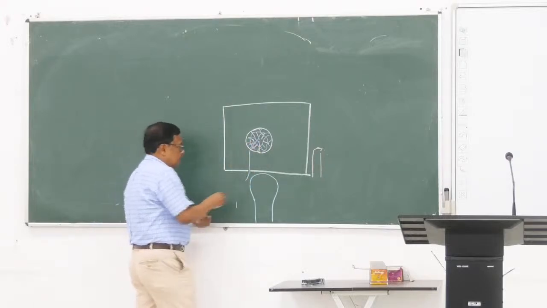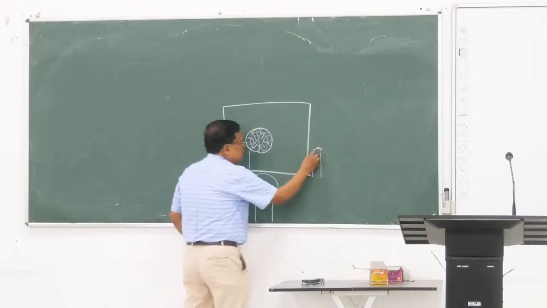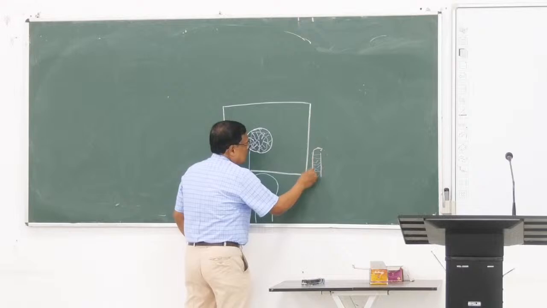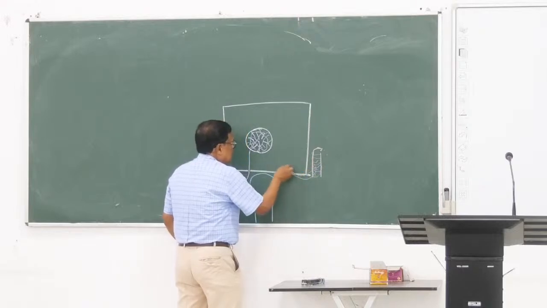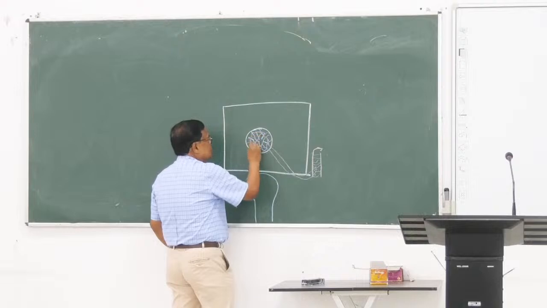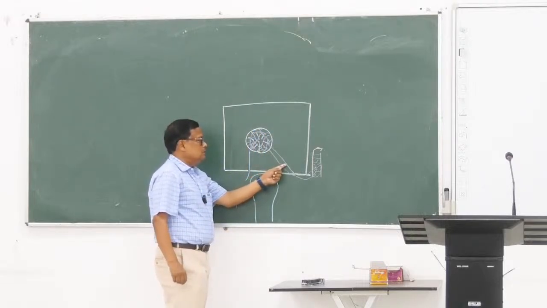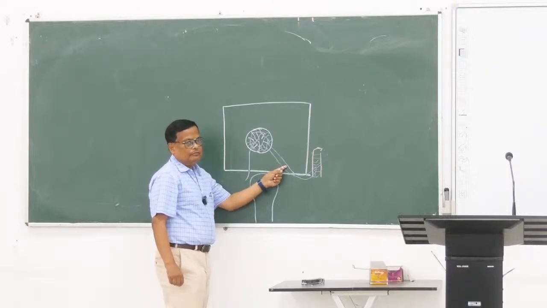The internal carotid artery is surrounded by a sympathetic plexus of nerves. From there, branches enter and join with the glossopharyngeal nerve. We call it the caroticotympanic nerve. It is actually a sympathetic nerve.